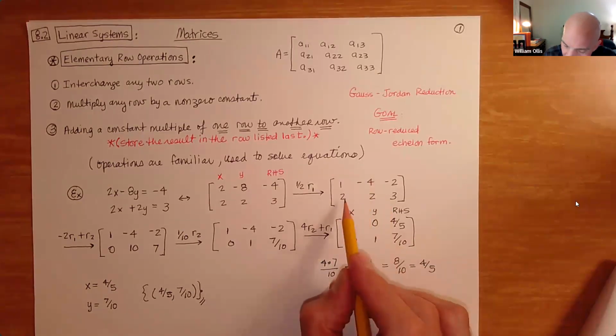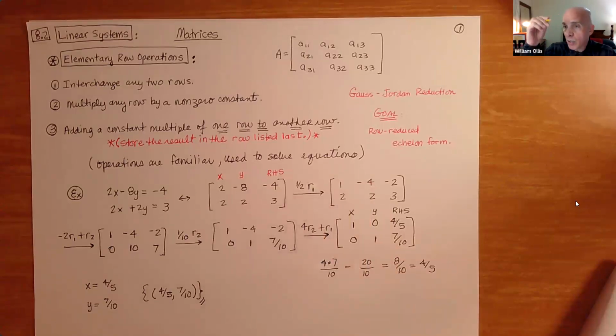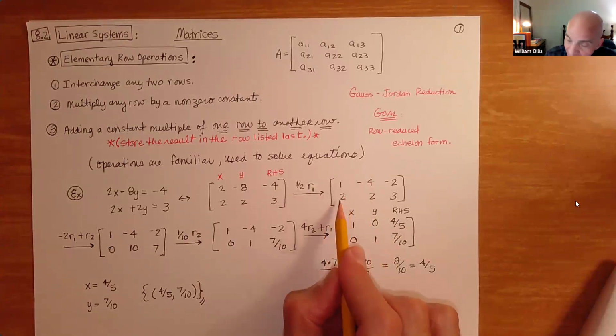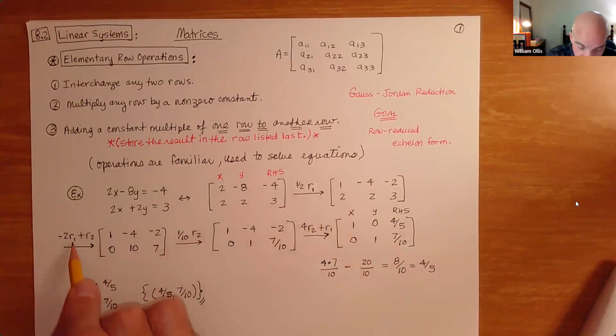So now we would like to make a 0 here, but here's how simply we do it. If we have a 1 in the row entry above, then that makes the process easy. So now we simply multiply this row by the additive inverse of 2, which is -2 row 1, and add to row 2 and put that result in row 2.